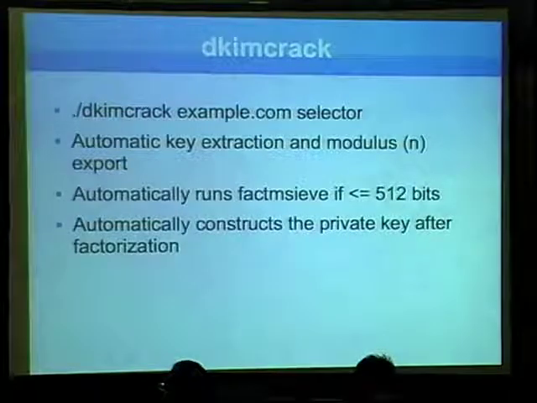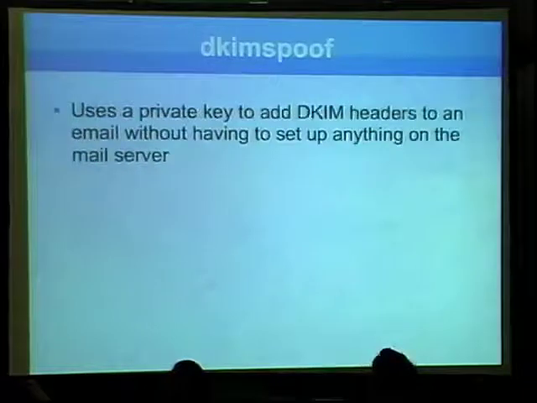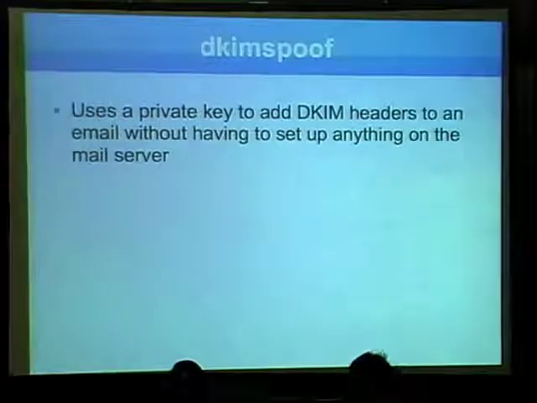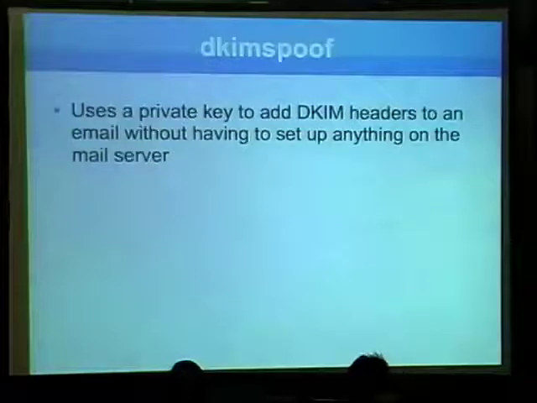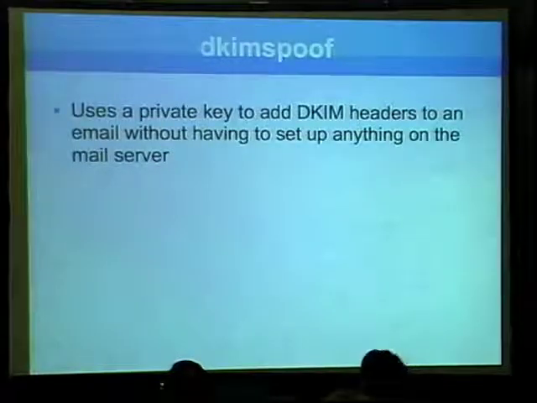I have a demo of that tonight, in fact. And then there's dkimspoof, which will take that private key and a well-formatted email message, and it will add the dkim header to that email message so that you can use it without setting up your mail server to send it.